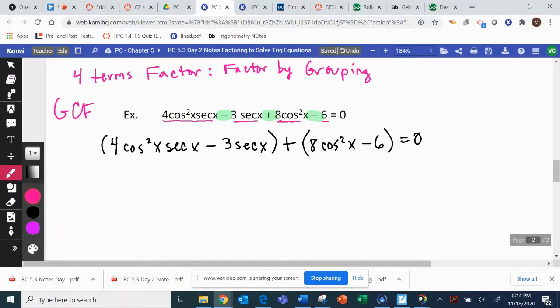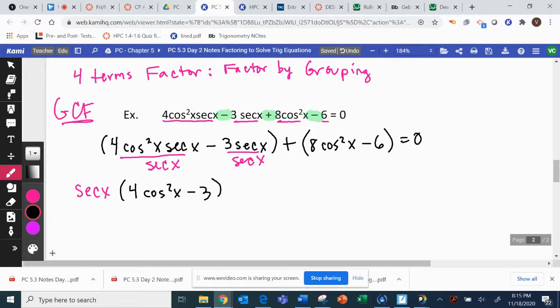My first group, I'm going to check for a GCF, and we do have a GCF. We have secant. So I'm going to factor out that secant. I'm going to be left with 4 cosine squared x minus 3. And I'm going to see if I can factor this any further, which I cannot.